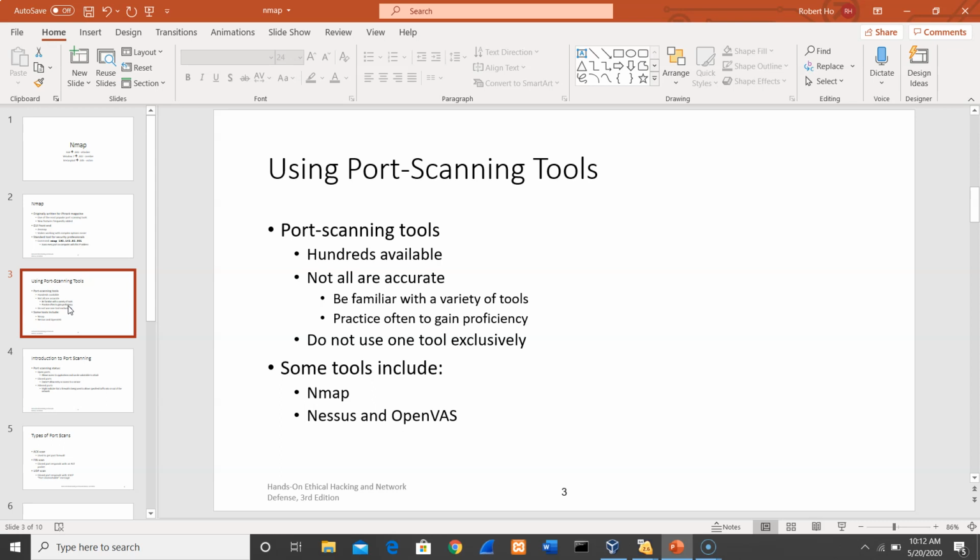Therefore, I choose Nmap. There are so many other tools available on the internet if you do some more research. But do not use this as one tool exclusively. Maybe you can try another one, two or three tools regarding port scanning.